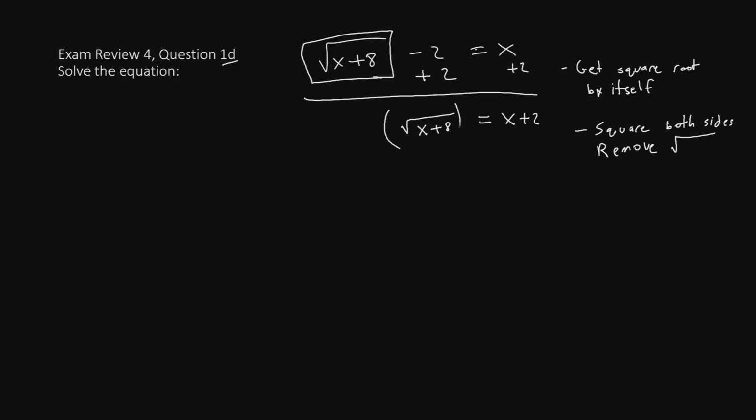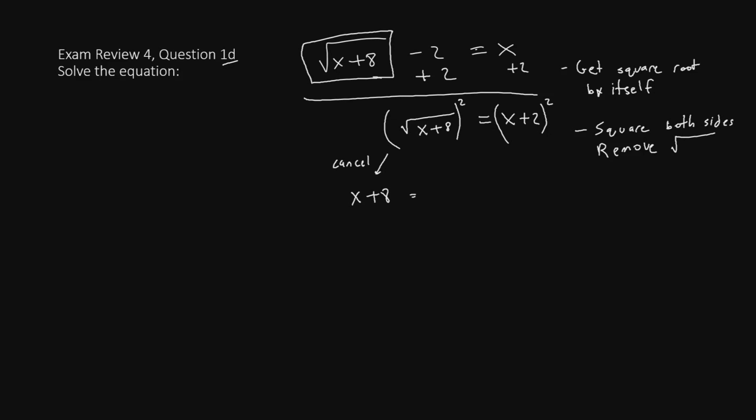We place parentheses around the square root and put a square on it. Put parentheses around the x plus 2 and put a square on it. Now when you take the square of a square root, those two things cancel, and you'll end up with x plus 8 without the root or the square.